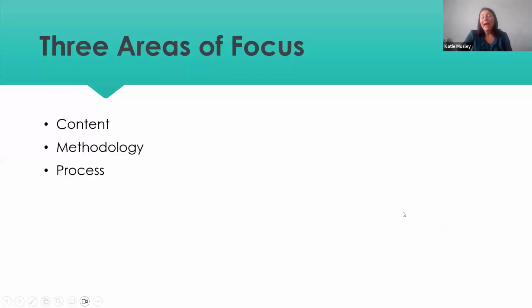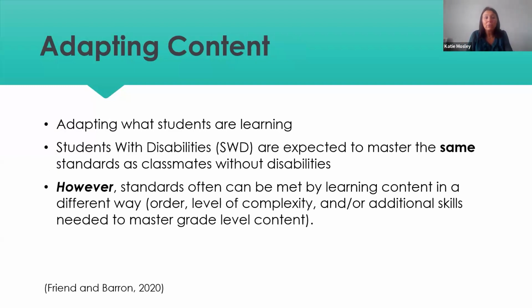So when you have the student's IEP and you see the goals that they have, you're also going to see the SDI piece. And that's kind of like a roadmap that should tell you how to help that student learn the material. And so as we look at how that student might need the material different, we're going to look at the content, the methodology, or the process.